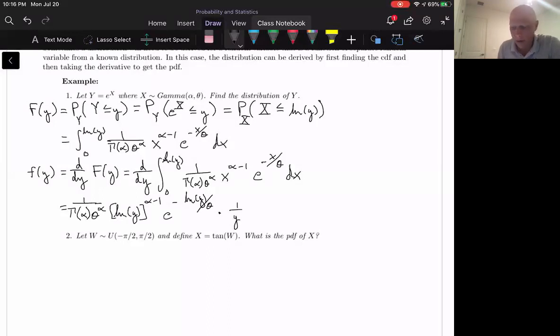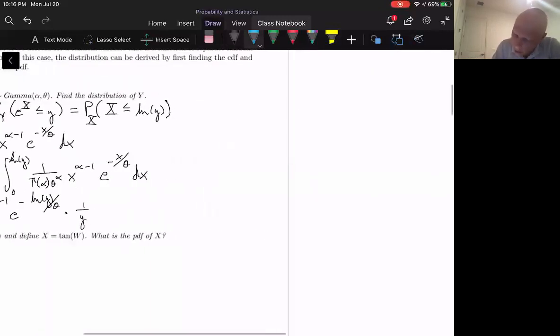And so over here, this is the answer. You could simplify it a little bit. For example, the power of the exponential, negative 1 over theta times the natural log of y. You could use log rules, and you could do manipulation like this. Negative the natural log of y over theta is negative 1 over theta times the natural log of y, which is the natural log of y to the negative 1 over theta.